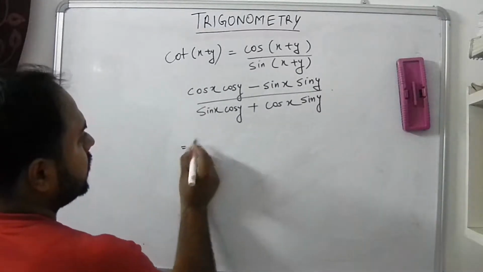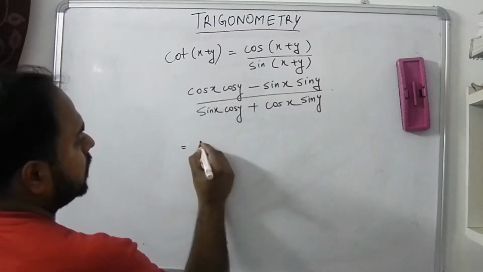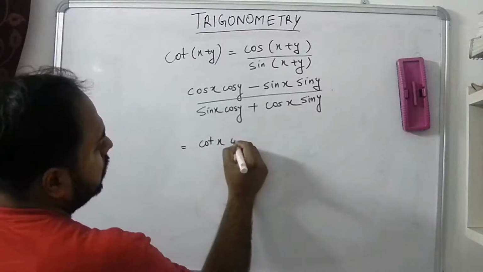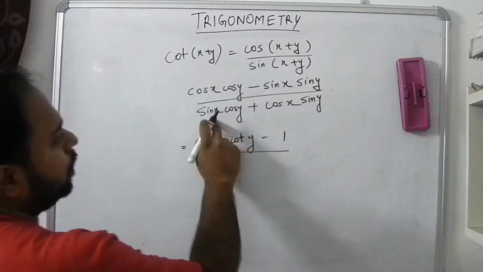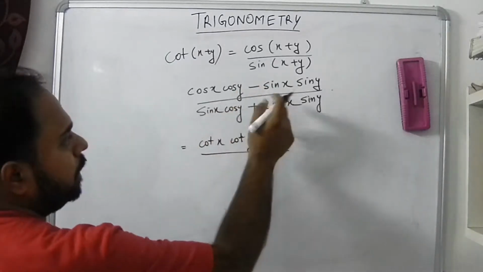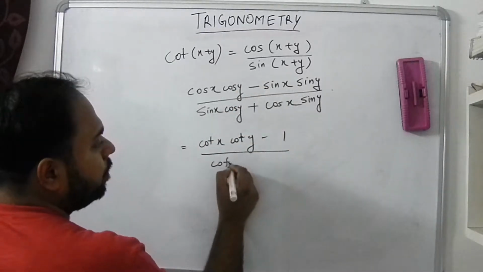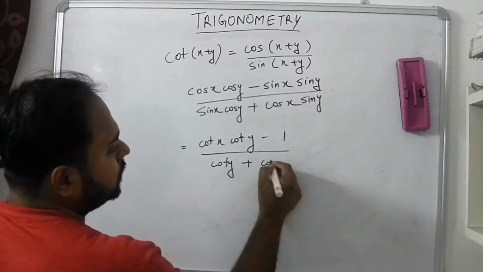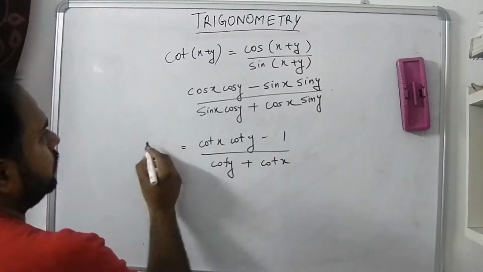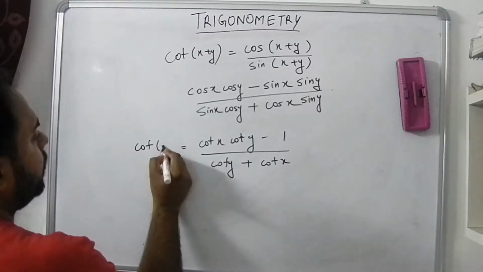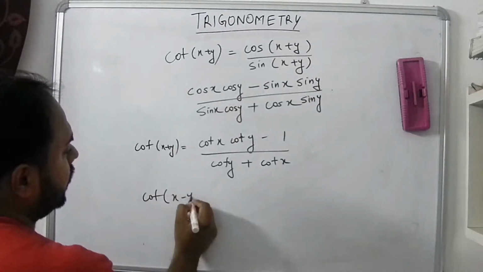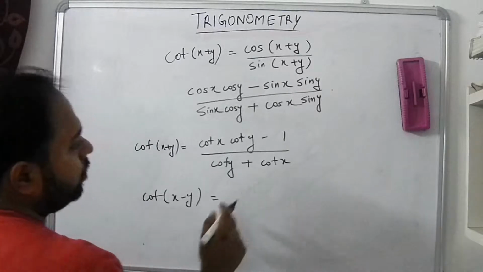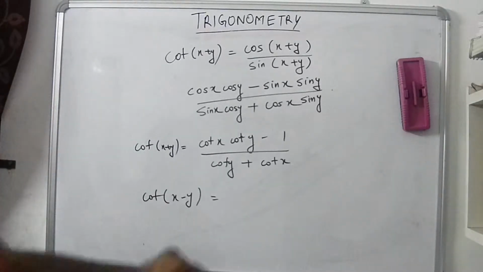So this becomes cos x cos y upon sin x sin y, that is cot x cot y, and this becomes minus 1. In the denominator, sin x cancels, cos y by sin y, and you keep cot y plus cot x. So this is the formula for cot of x plus y, and likewise we can get cot of x minus y simply is equal to, now what happens in this case? Let's see.